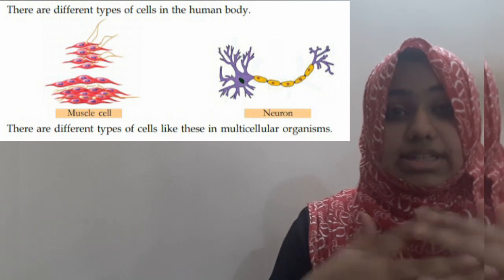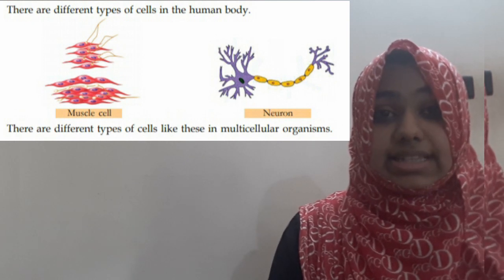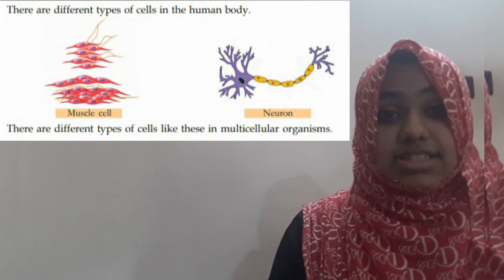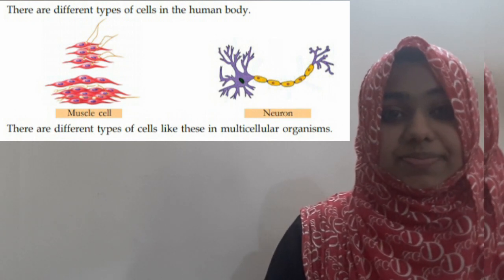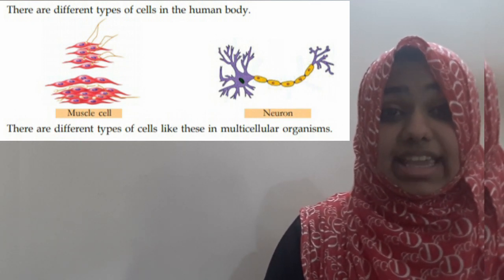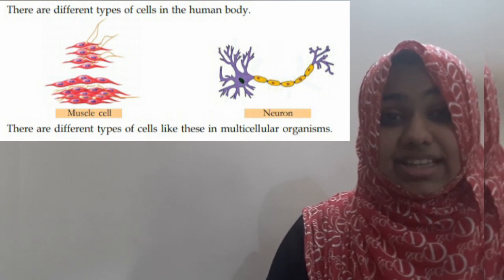It is linked. All the cells are interlinked and it gives a message to my muscle cells and my muscle cells act to take the book. Is it clear? And this touch is again sensed by the neuron, that is the nerve cells.